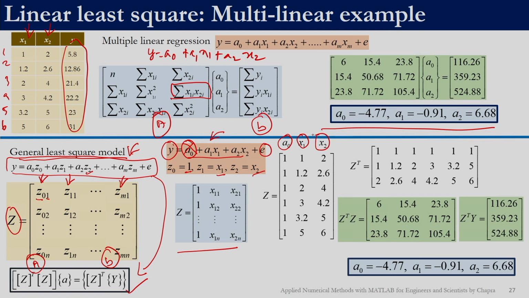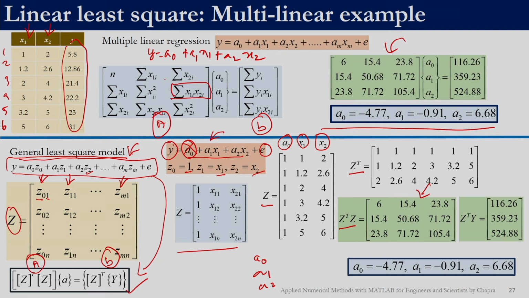So, the solution which we will get will also be of the same form: the first value that we get will be a naught, the second value will be a1, and then we will get the final coefficient a2. So, if this is Z, obviously this will be Z transpose. If you multiply Z transpose Z, we will get a 3 cross 3 matrix, and that 3 cross 3 matrix will be exactly similar to what we have got here, right. So, these two matrices are similar.